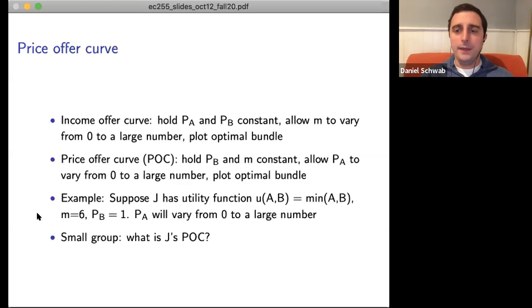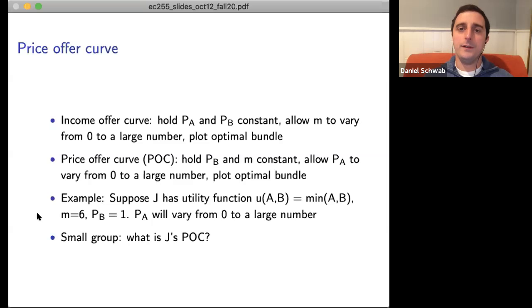Okay, so I think you have enough information now that you can take your best shot at writing down what J's price offer curve looks like. And I'm going to suggest that you do the exact same strategy that we've seen before, right? If your first step is drawing a curve, I would say that is extremely bold and extremely confident. I mean, if you are feeling quite confident, then go for it.